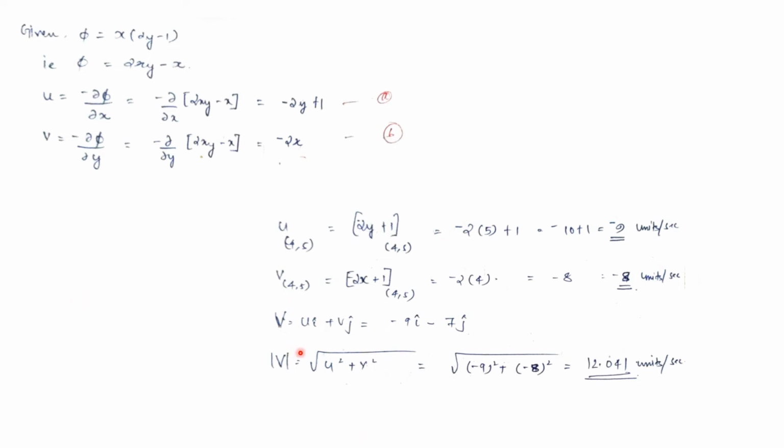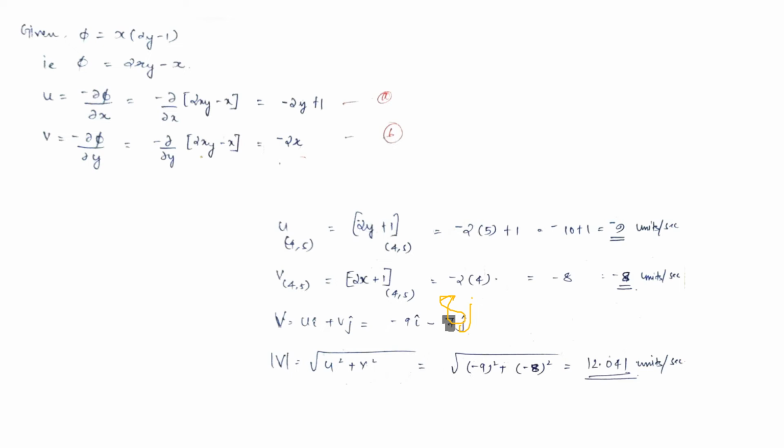So the magnitude of velocity would be square root of u square plus v square, minus 9 square plus minus 7 square. Okay, sorry, this is 8 over here. I made a mistake over here. This would be minus 8j over here, and this would be minus 9i.